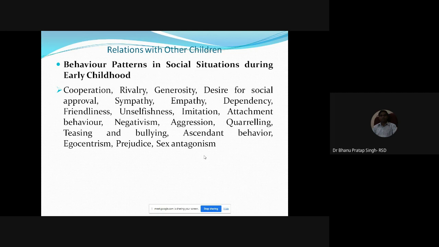Although some are positive patterns and some are negative, these behaviors should be inculcated in a good way to make a good citizen and good human being.